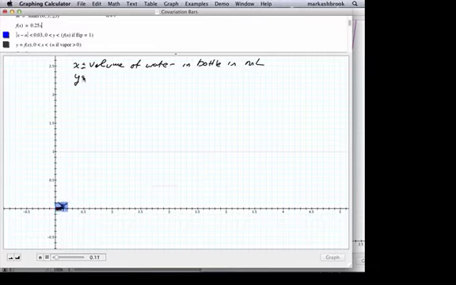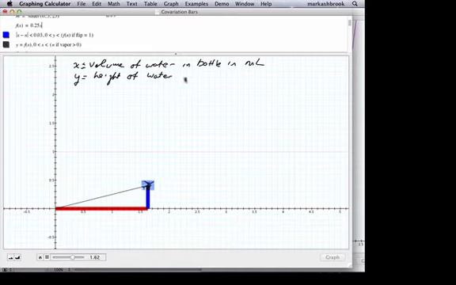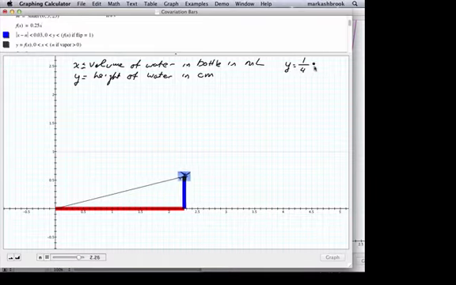And Y was the height of the water in centimeters. Okay, and what was the relationship, do you remember, between X and Y? In other words, what's the relative size of Y with respect to X? Do you remember what we had? We said that that blue bar was always 1/4 the length of the red bar.